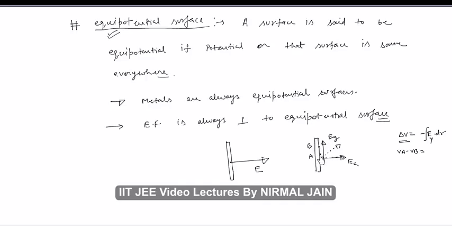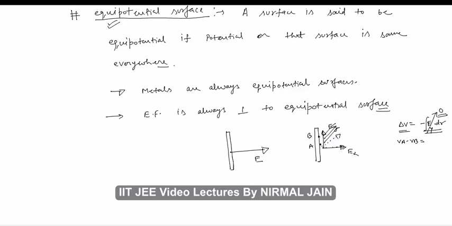So if we want the potential at A and B to be the same, this quantity has to be 0, and this will be 0 only if Ey is 0. So the y component of the electric field has to be 0. The only electric field that can be available in this region is only Ex. So the electric field is perpendicular to this equipotential surface.